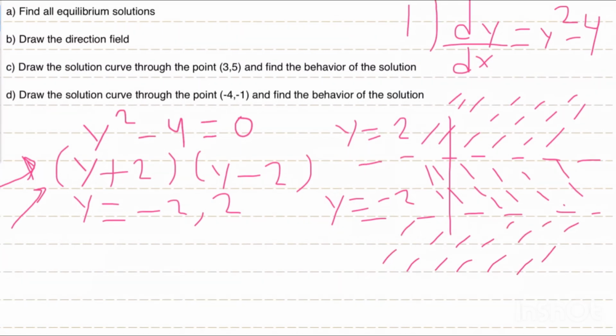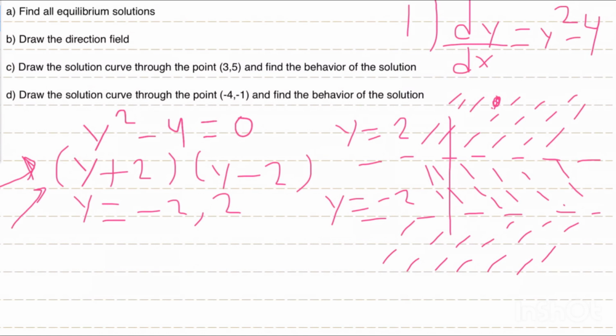On to parts C and D. Draw the solution curve through the point (3, 5) and find the behavior of the solution. The x-coordinate is kind of arbitrary in this case because we really just drew the y-coordinates. We know where y equals 2 is, so we're just going to estimate where the y-coordinate is. We can say the point (3, 5) is around here, and we would need to draw a solution curve.